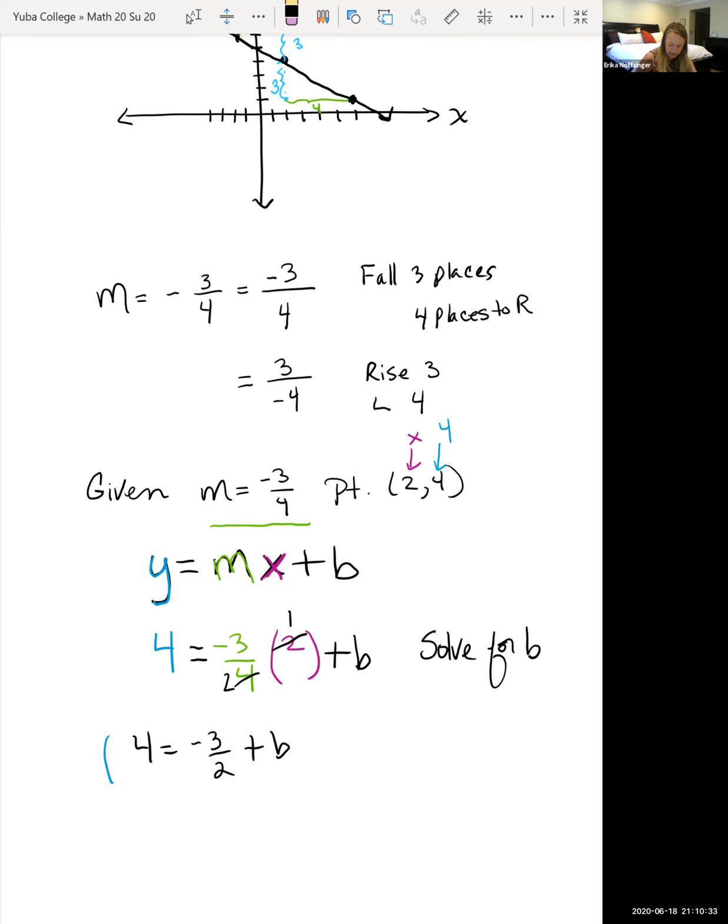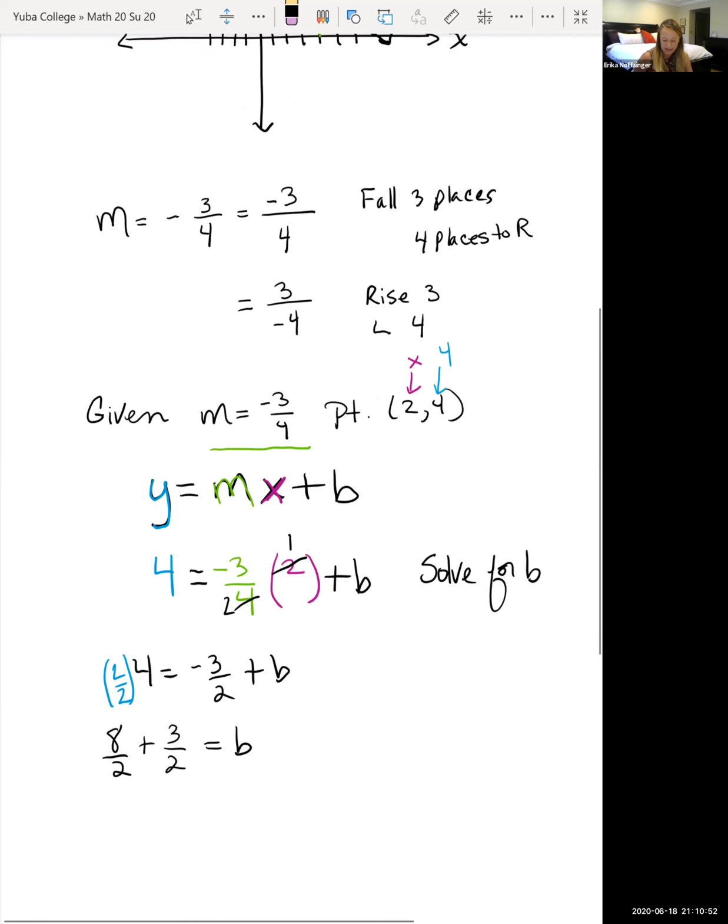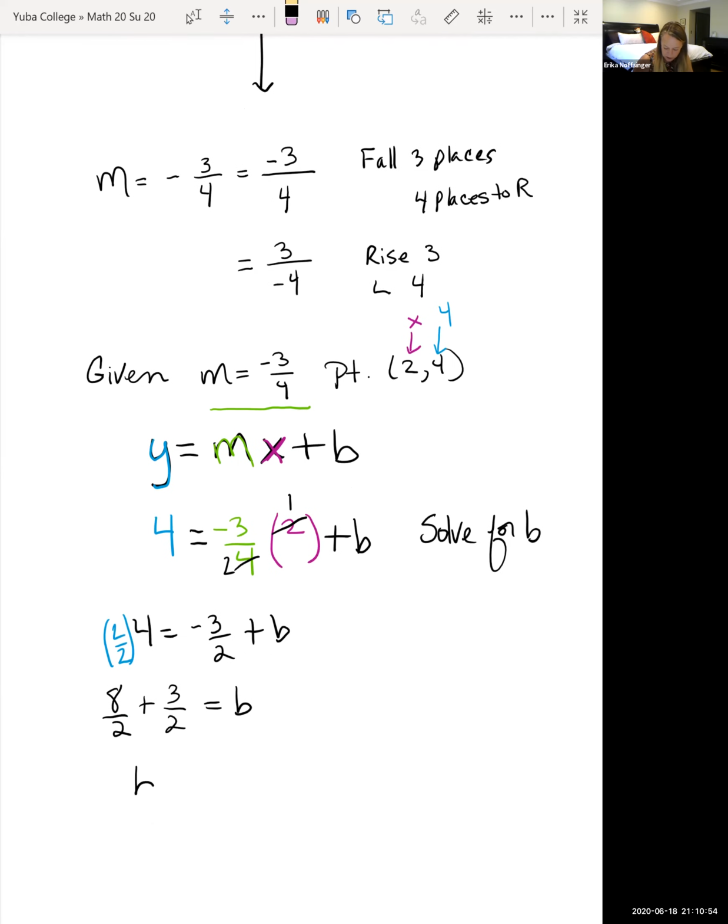So while I'm doing that, I'm going to get a common denominator, and my common denominator is 2. So I have 2/2 times 4 is 8/2. I'm adding 3/2 to both sides to isolate b. So 8/2 plus 3/2 equals b. So I can see that b is equal to 11/2.